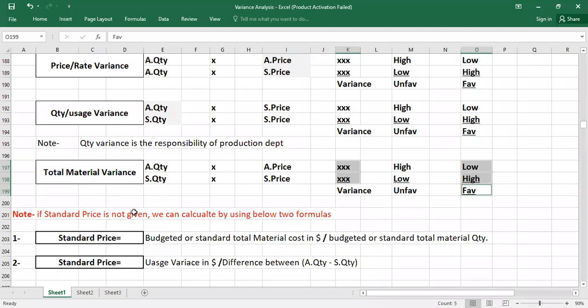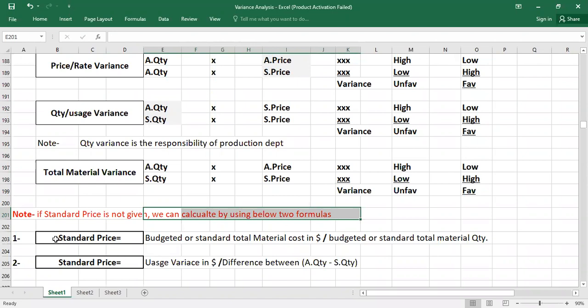Sometimes guys in exam, maybe you will not be provided with the information of the standard price. So if the standard price is not given in the exam, we can calculate it by using the below two formulas. So please focus on these two formulas, because I'm going to apply these as well with the help of questions.